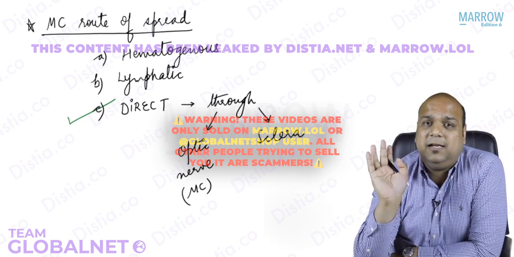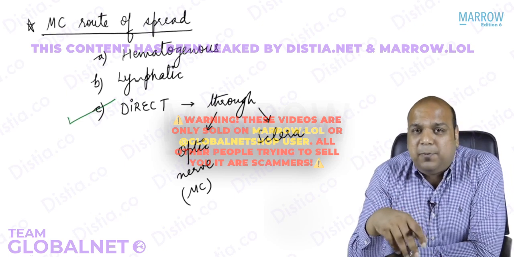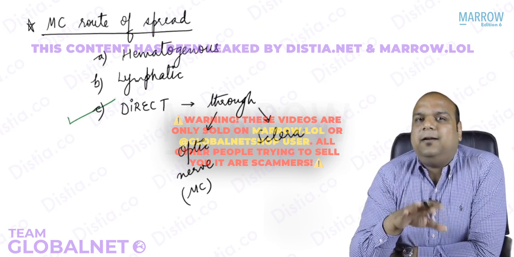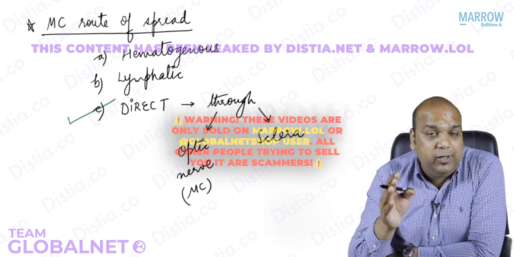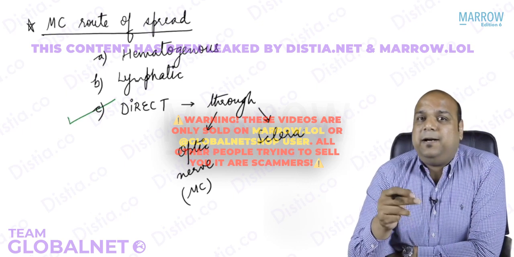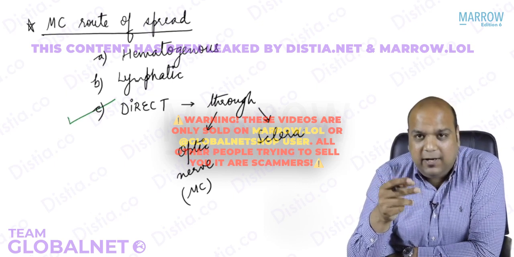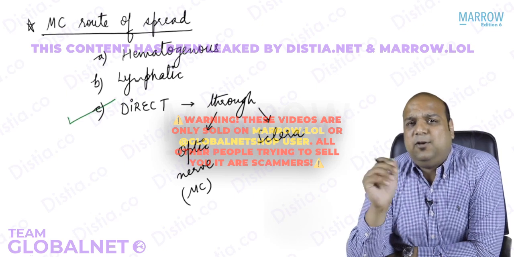Am I making myself very clear here, everybody? So the most common route of spread is direct, and direct spread most commonly occurs through optic nerve. Again, hear my voice. The most common route of spread is direct, and the direct spread most commonly occurs through optic nerve.